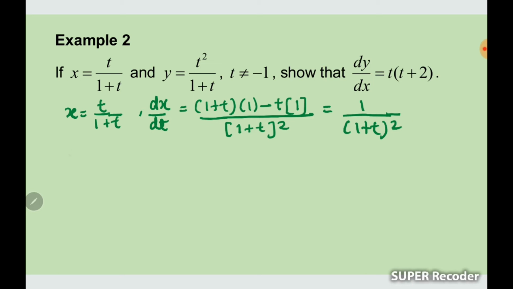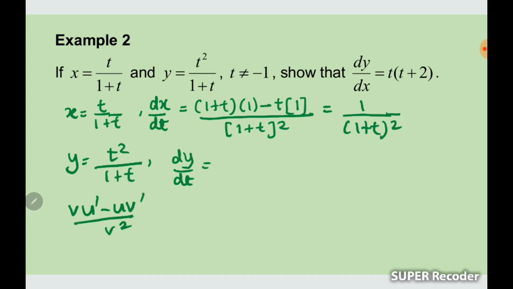Okay, now what is y in terms of t? y is given as t squared over 1 plus t. Therefore, dy/dt is equal to, remember that the quotient rule formula is given as (v u prime minus u v prime) over v squared. So v is 1 plus t. u prime, differentiate t squared, the answer is 2t, minus u is t squared and v prime is 1.